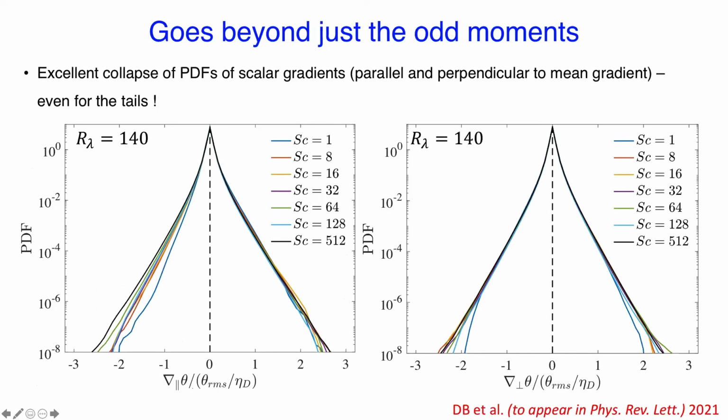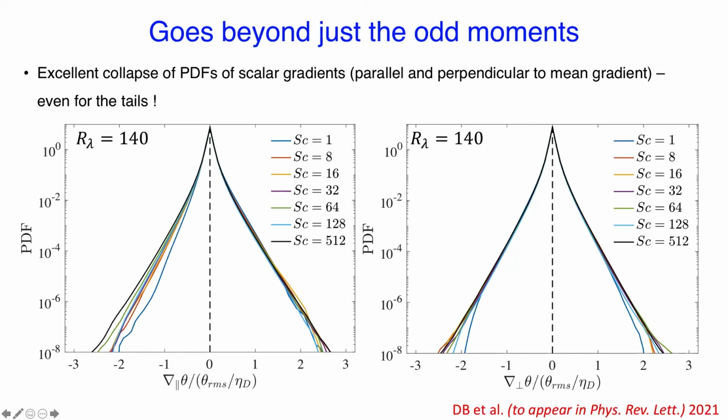If I look at the parallel, what we see is that on the plus side, they all collapse very well. And on the negative side, there is obviously a Schmidt number dependence. This is happening on the negative side because of the departure from local isotropy at low Schmidt number, but at high Schmidt number, the odd order moments saturate to a symmetric behavior with respect to the positive side.